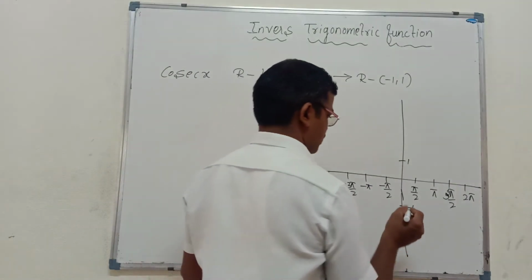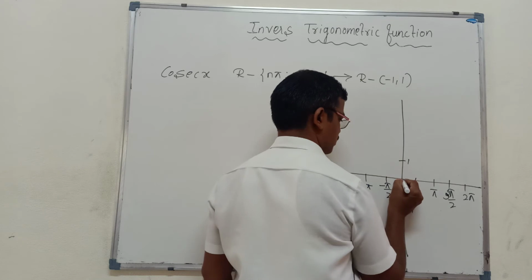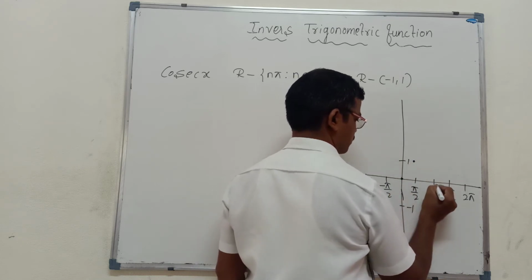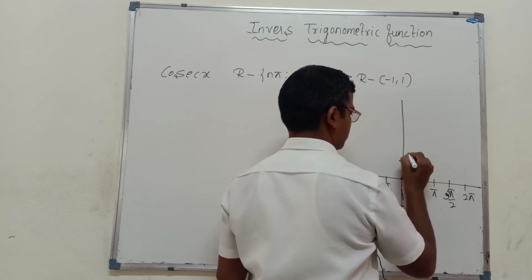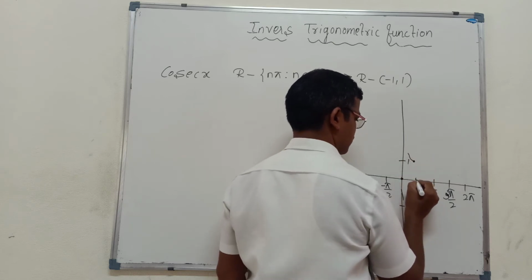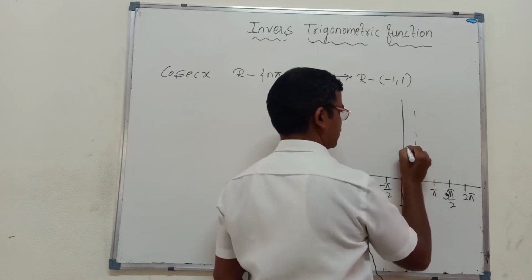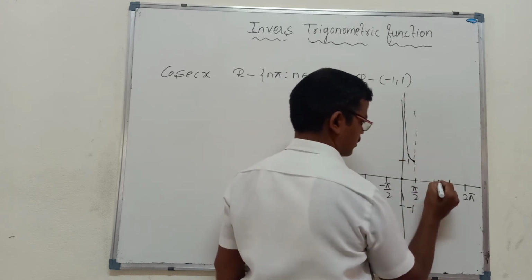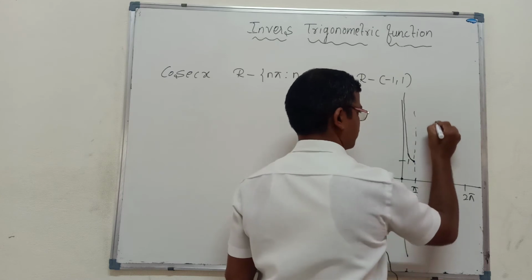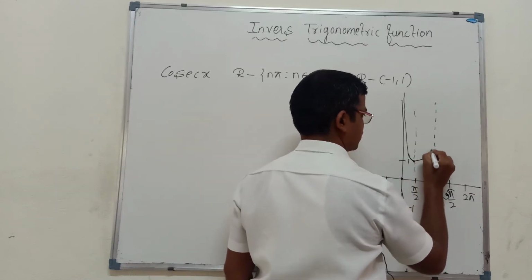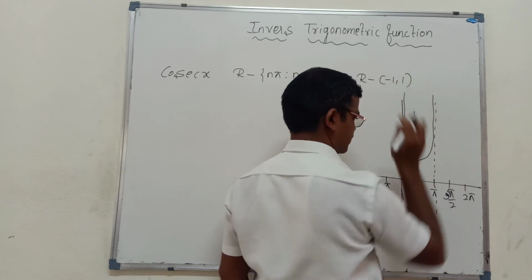Next, at 0 it is undefined, and at 2 pi. So I'll get the graph like this. For 2 pi, for pi, it is undefined. Get like this.